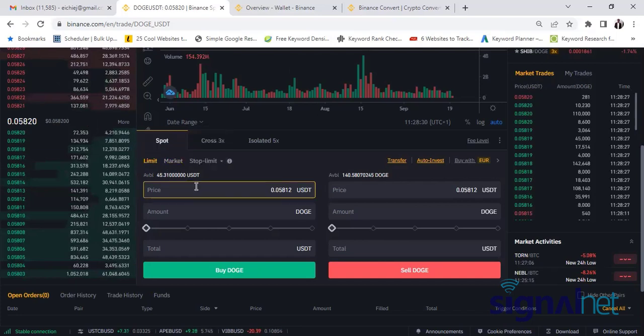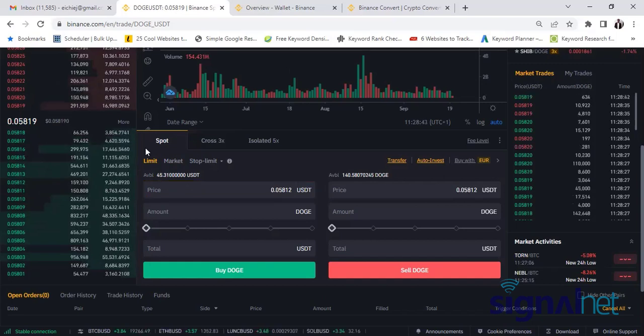Now that is using it instantaneously. You can also use it for a different price. For example, maybe you believe you can get a better price than the current price the cryptocurrency is sold for. You can use the limit and adjust this price. You can see right now the price of one Doge is about 0.058.